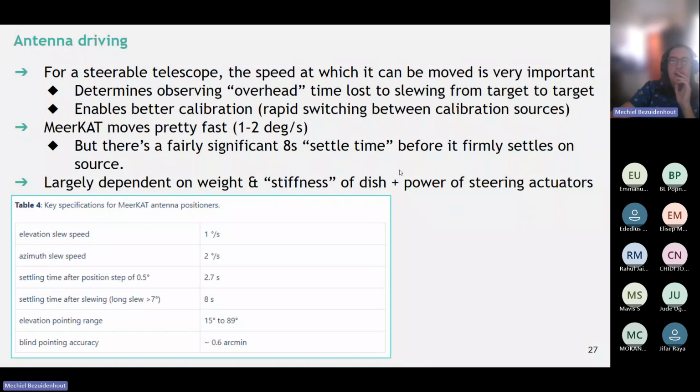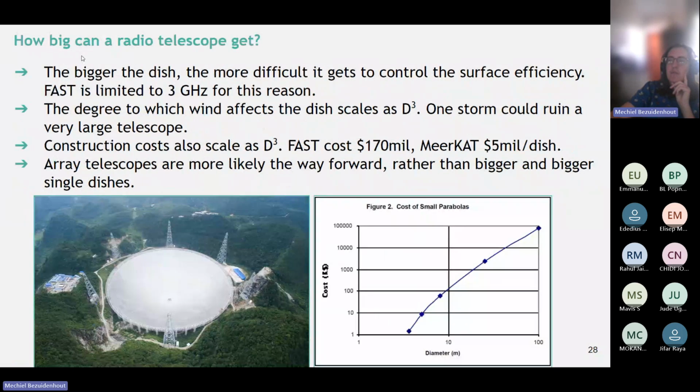Okay, so finally, an interesting question that I've often wondered about and that people often ask is how big can a radio telescope actually get? So one factor is that the bigger the dish, as we saw, the more difficult it gets to control surface efficiency and other efficiency factors as well. But the surface efficiency is a big problem.